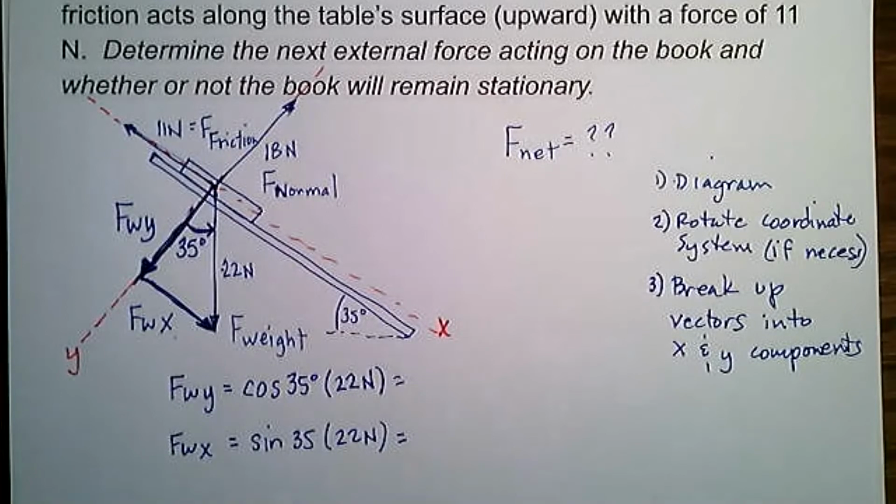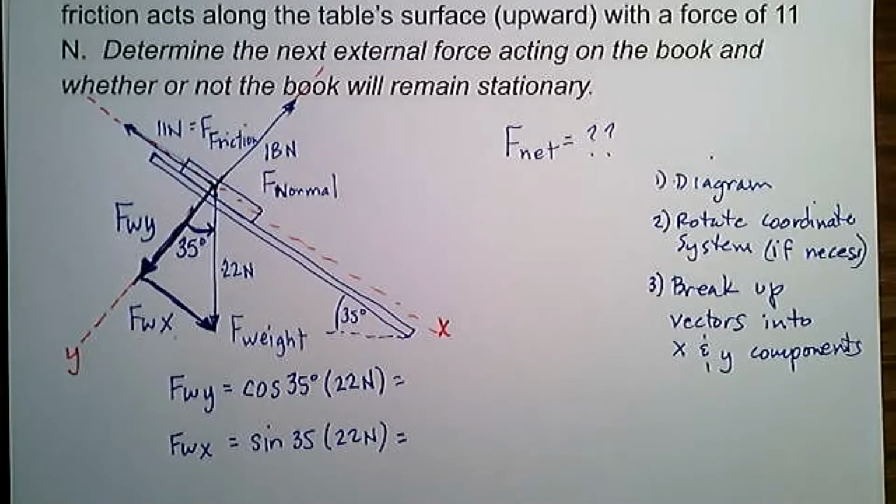Okay, I'm back. So doing these, I'm going to say cosine 35. Make sure that I'm in degrees.